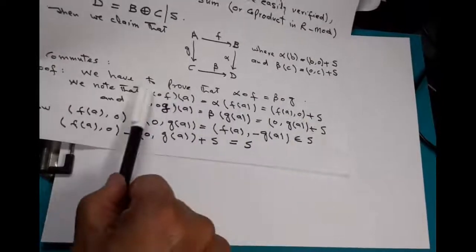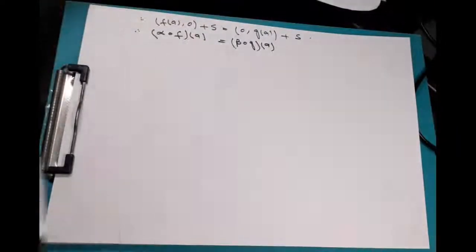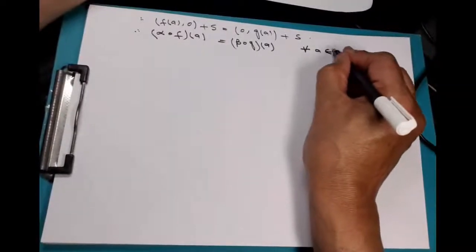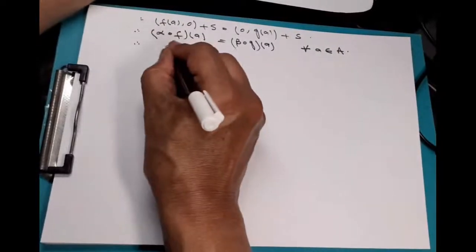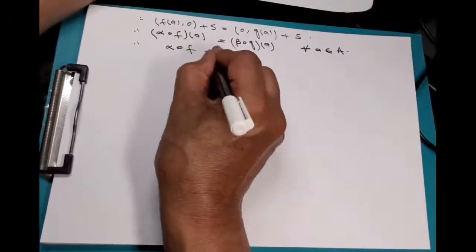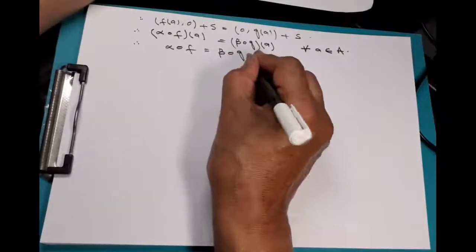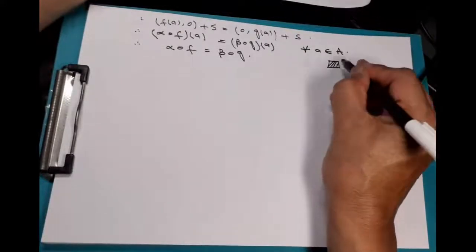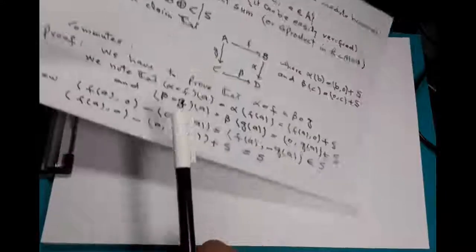So this is equal to this. This is what we have written, and this holds for all elements a belonging to A, and therefore alpha composed with F is equal to beta composed with G. And so we have proved that this particular diagram commutes.